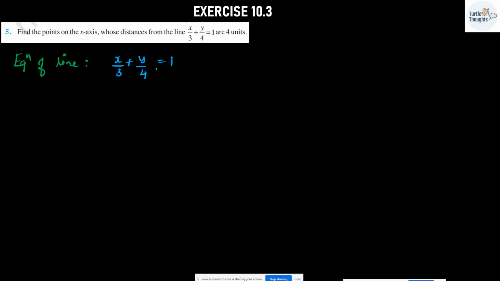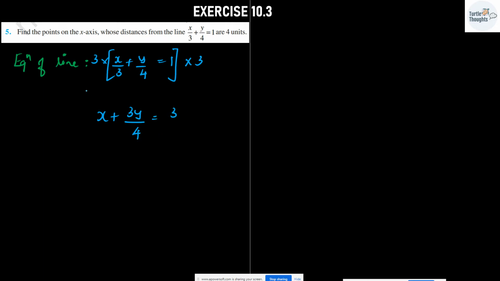I can simplify this equation by multiplying 3 and 4 on both the sides. So I will be multiplying 3 first. Upon multiplying 3, I will be getting (4x + 3y)/4 = 3... I mean x plus 3y over 4 is going to be equal to 3.